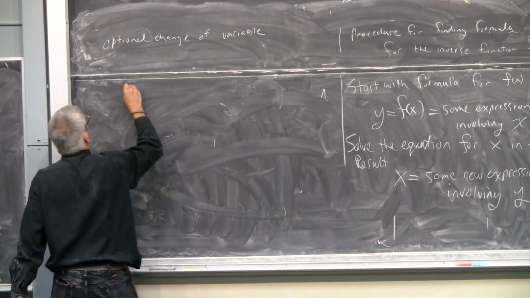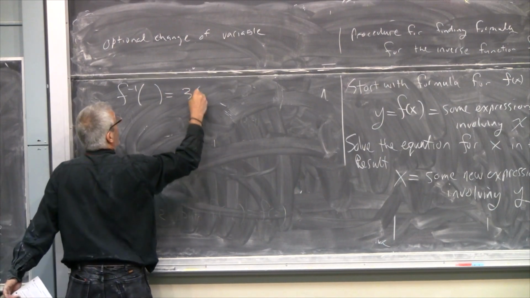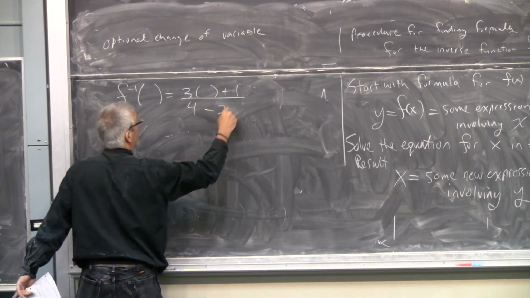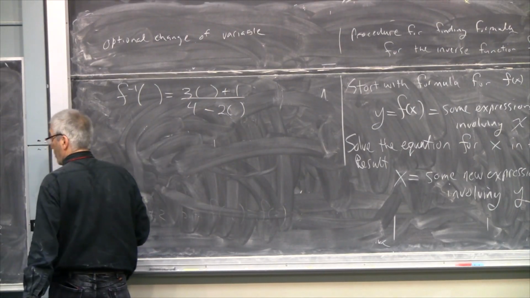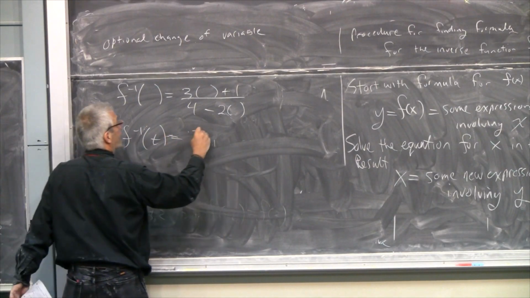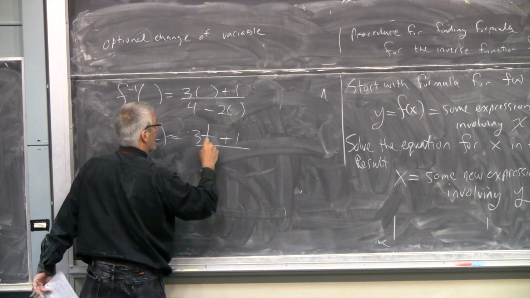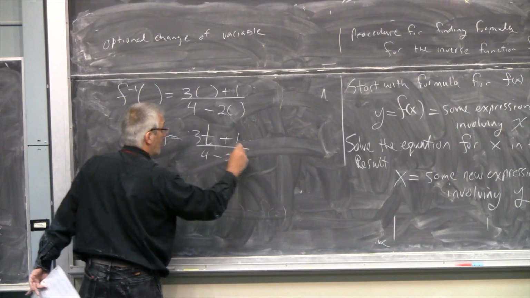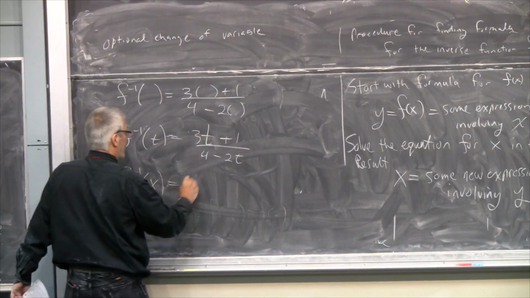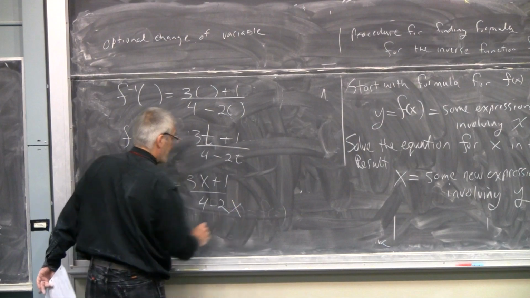I could write F inverse of parentheses would be 3 times parentheses plus 1 over 4 minus 2 parentheses. Or I could say F inverse of t would be (3t plus 1) divided by (4 minus 2t). Or I could use the variable x. F inverse of x is (3x plus 1) over (4 minus 2x).